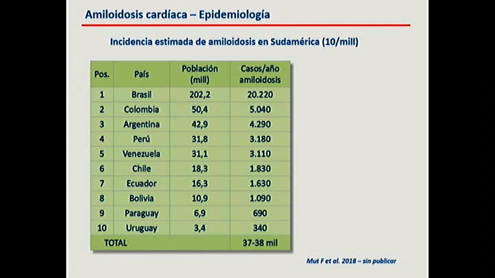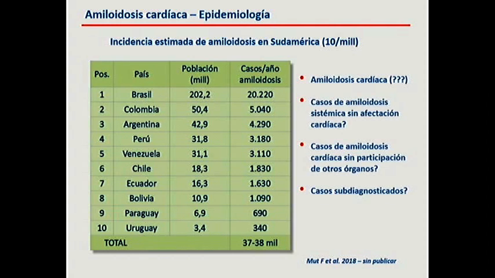Why are we interested in the epidemiology of amyloidosis in Latin America? If we take what we believe to be 10 cases per every million inhabitants as the general incidence of amyloidosis as a disease, then according to the population in our countries we could have all these cases per year.